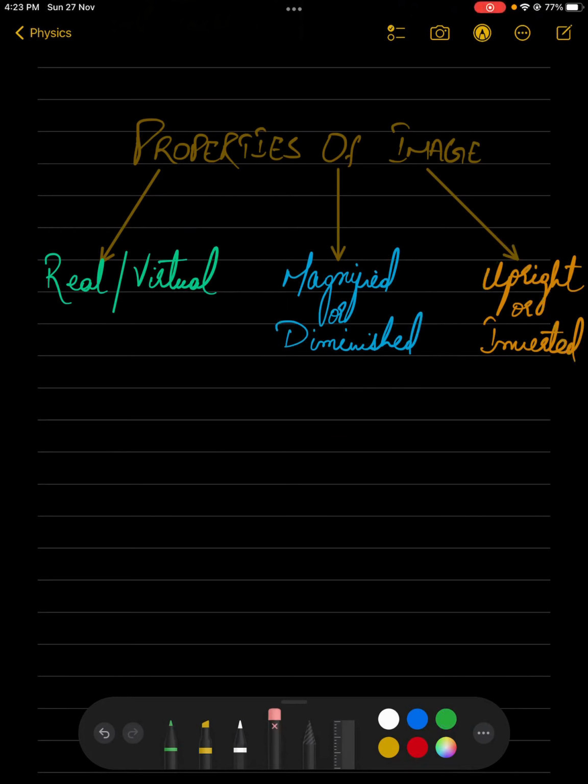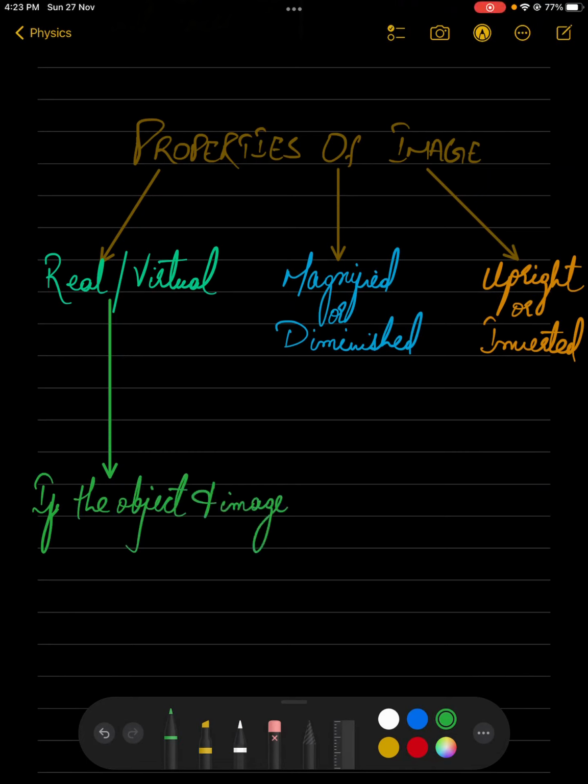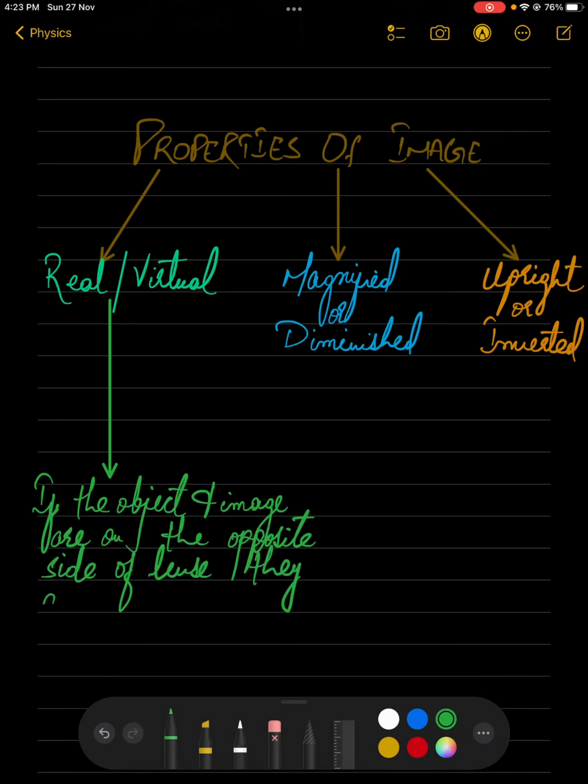So starting up with the first condition over here, which is real or virtual. So an image is considered to be real or virtual on the basis of its position. So if the object and image are on the opposite side of lens, they are considered real.